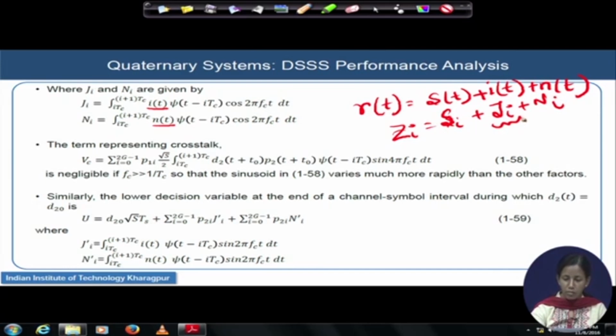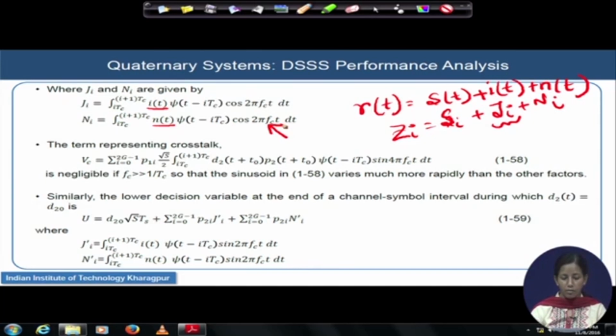The expression of this J_I after dispreading operation we can write like this, and after dispreading the noise can be written like this, and f_c is our carrier frequency.